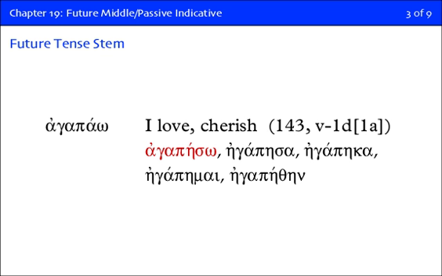Then you would see agapeso, that's the second of the tense forms. That means that's the future active tense form. Now, do you need to memorize that agapeso is the future of agapao? Why would you want to do a thing like that? You've got a sigma. You've got your omega. It's got to be a future. There's nothing else it can be. Don't fill up that slot in your brain. It's not important. All right?